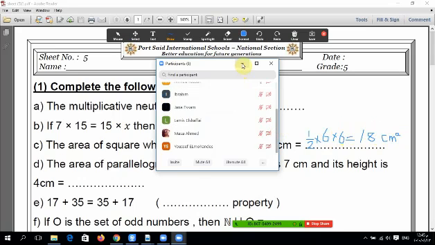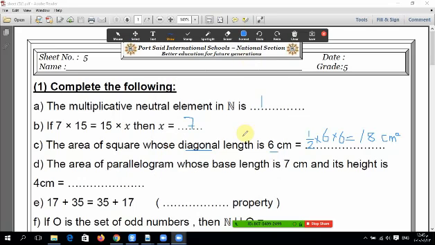Yusuf. The area of a parallelogram whose base length is 7 centimeters and its height is 4 centimeters. It's height times base.